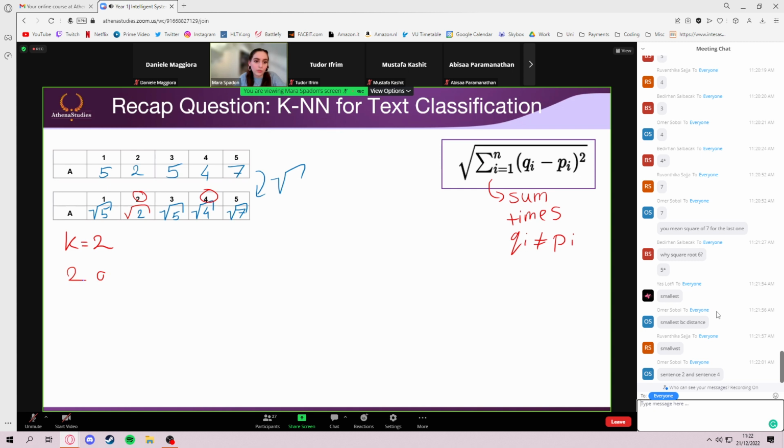So 2 and 4 are the nearest neighbors. So what does this mean? What do we do now?